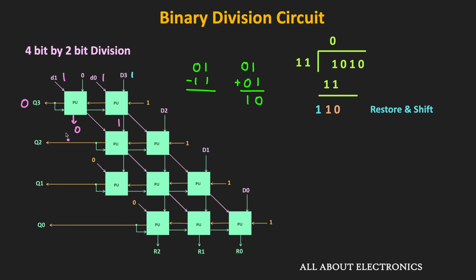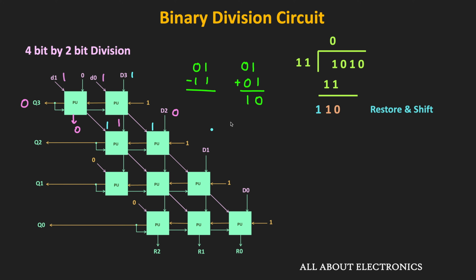That means the input to the next stage is equal to 1, and this d2 input is equal to 0. That means in the next stage, the one input is equal to 010, while the bits of the divisor are equal to 11.